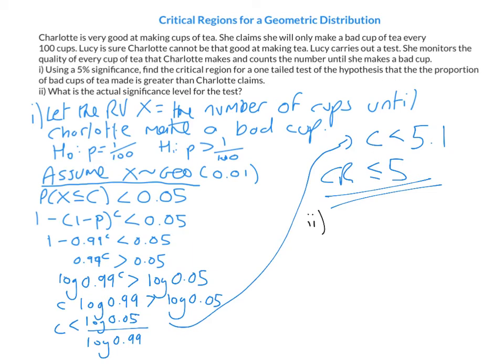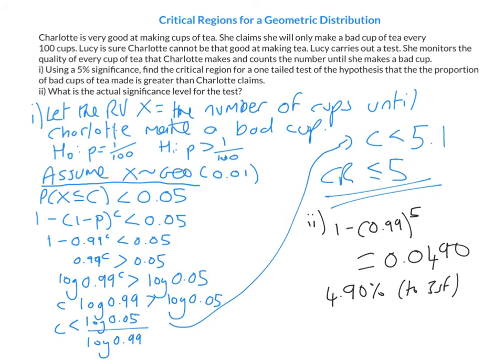So the significance level is actually 1 minus 0.99 to the 5, which gives me, in the calculator, 0.0490. So it's going to be 4.90% to 3 significant figures.